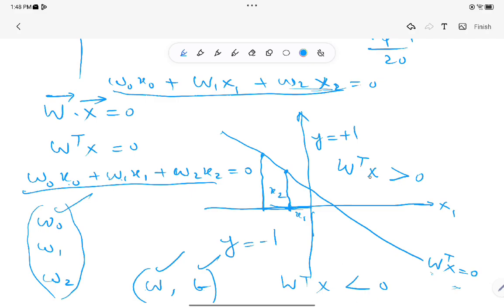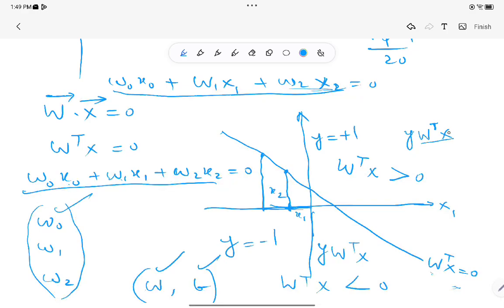Now suppose instead of w^T x, I calculate y w^T x, and the same quantity here, let me see what I will get. Come to this side first.